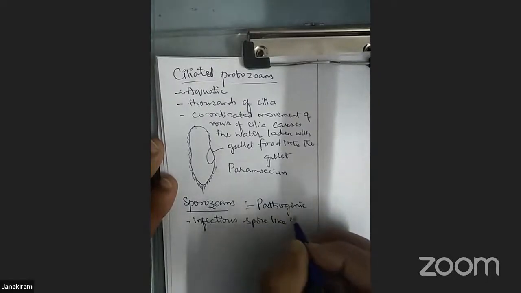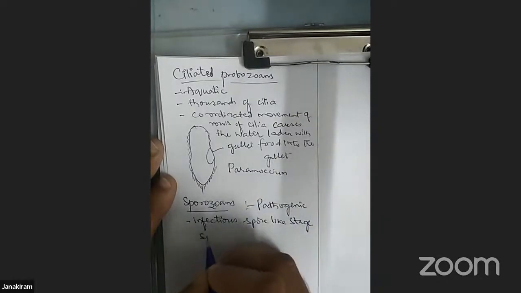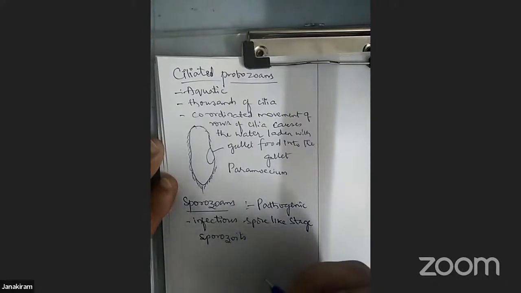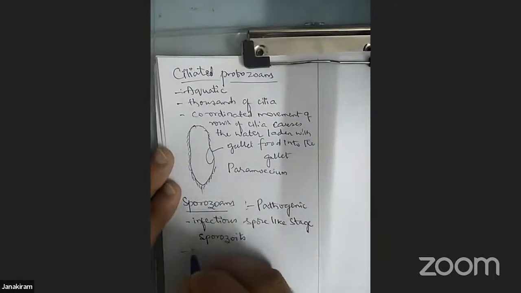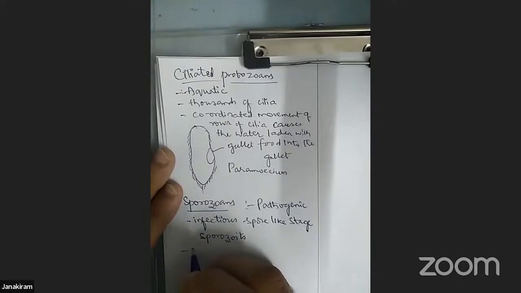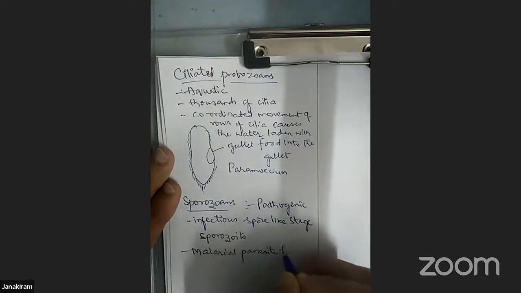That infectious spore-like stage is called sporozoites. And Plasmodium is causing a disease in human beings called malaria. So that's why it is called the malarial parasite. That is Plasmodium.